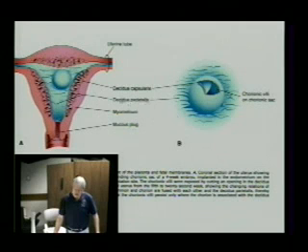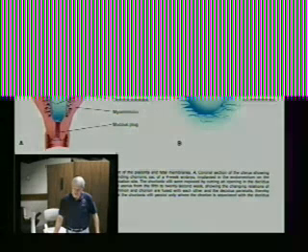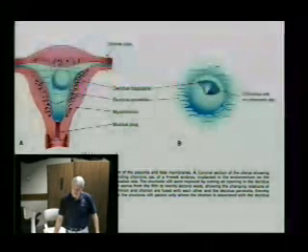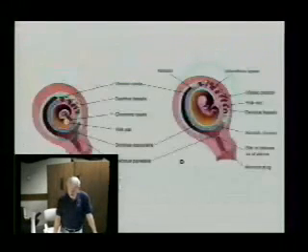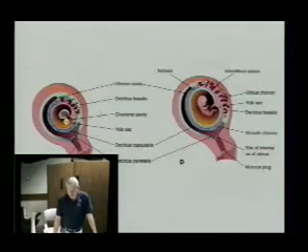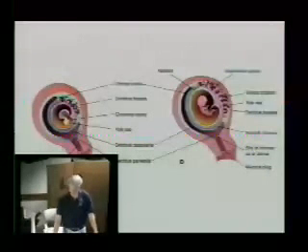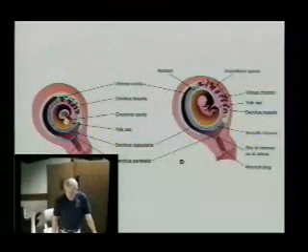The decidua parietalis is the remainder of the endometrial lining other than the capsularis and what we see here now, the decidua basalis that interfaces with the cotyledons, forms these blood lakes, and we'll begin to focus on that a bit more as we proceed.